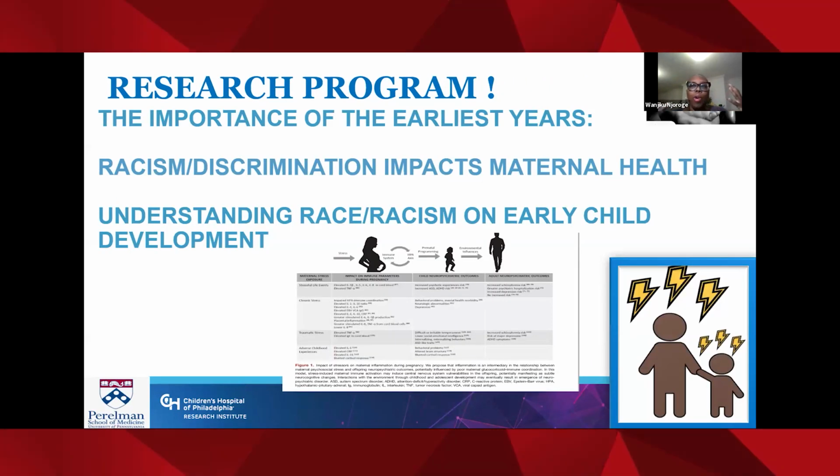So my research program was really starting to come together, right? I'm working on the earliest years. We now have buy-in from all these different folks, but what I've been doing since I was at Yale, and what the Clarks had been doing since the 1930s and 40s, was talking about the ways in which racism and discrimination impacted health, maternal health, child health, understanding all of this.